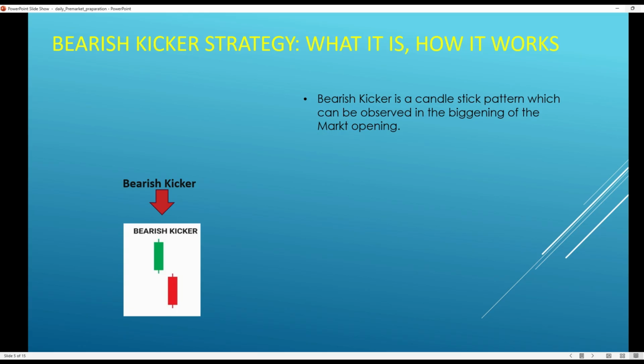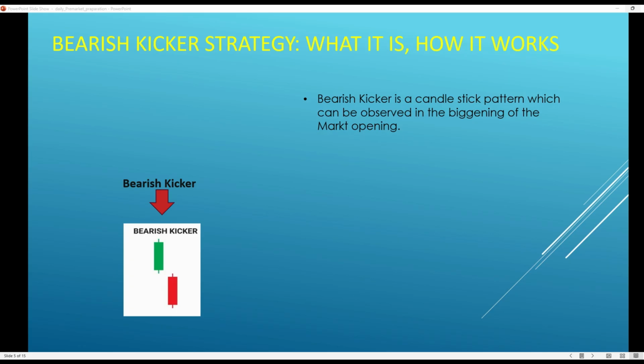This is the bearish kicker pattern. Remember guys, there will be some flavors in it. Most of the time, what we study in the book can differ a little bit here.